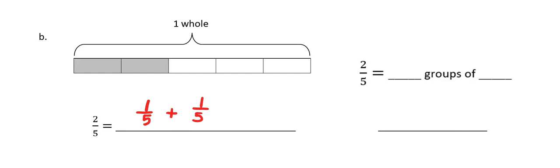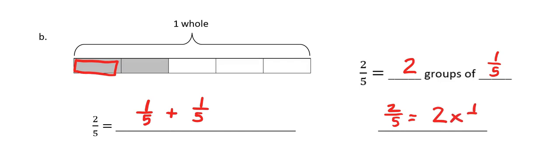It has a numerator of 1 and it identifies one piece that makes up the whole. To write my multiplication problem, I'm going to ask how many groups do I have? Well, I have 2 groups of 1/5. That means that 2/5 is equal to 2 times 1/5, or 2 groups of the unit fraction 1/5.